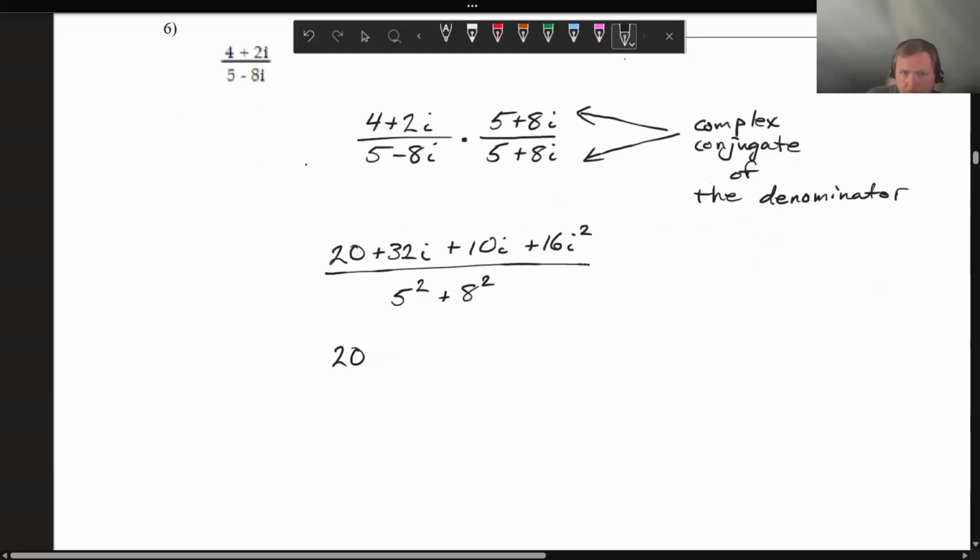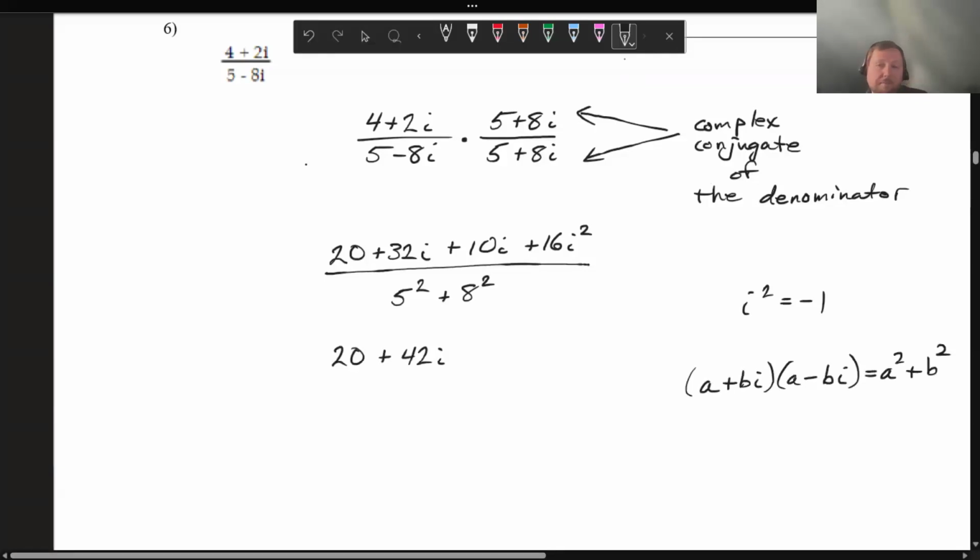So 20 plus 42i. Now remember that i squared is equal to -1. And I guess I can also mention that trick. So if I have a plus bi times a minus bi, then the result is a squared plus b squared, which is actually the factoring formula for the sum of two squares.